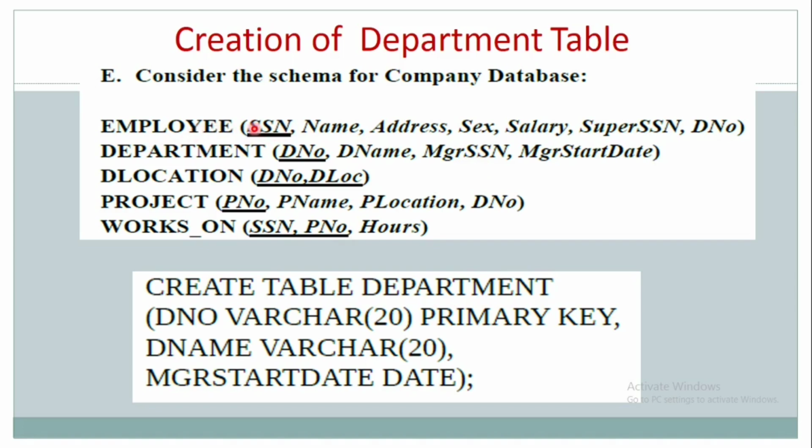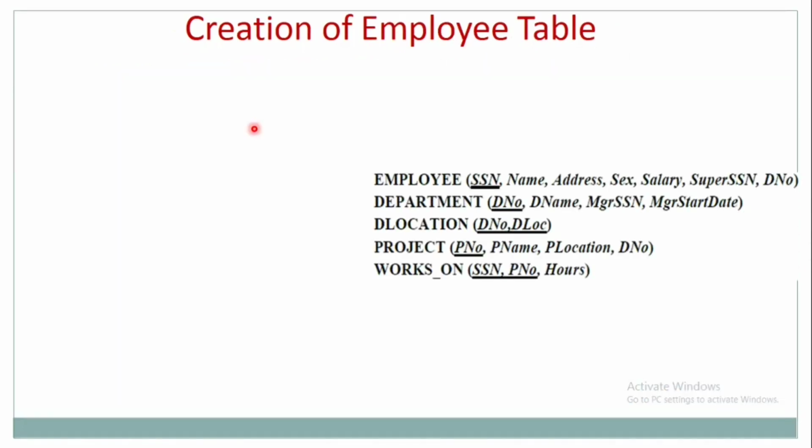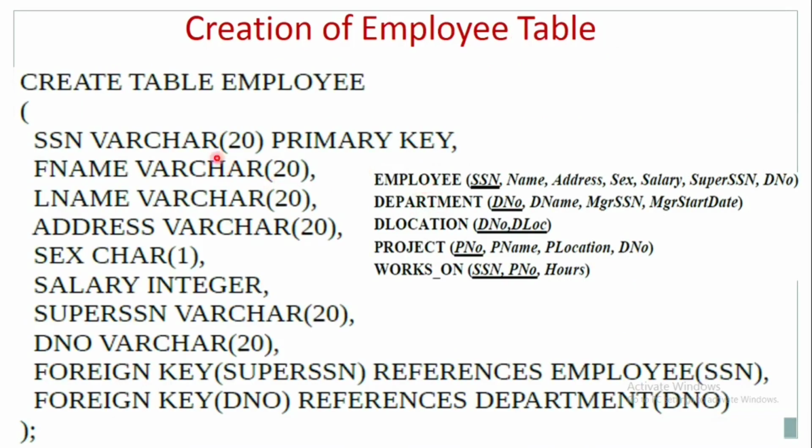Now let us create an employee table. So SSN variable character primary key. We have just divided the name as first name and the last name, address, the sex, salary, super SSN and department number.